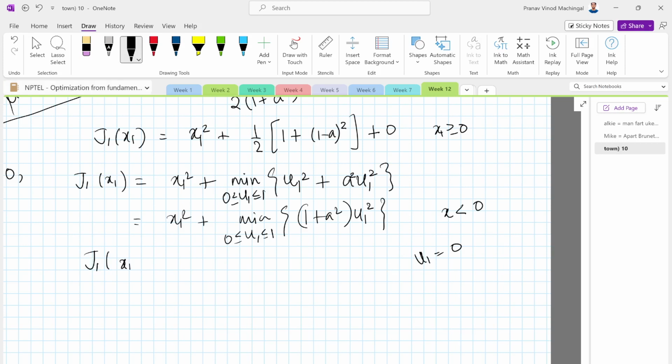So this will be equal to x1 squared. So this is again u1 star equal to 0 for x1 less than 0.